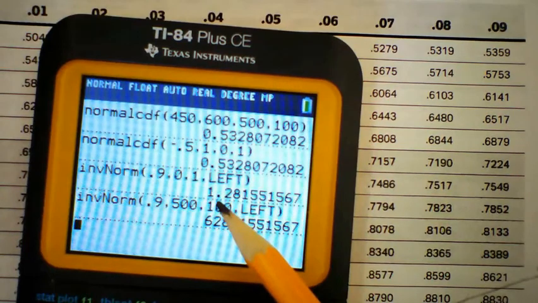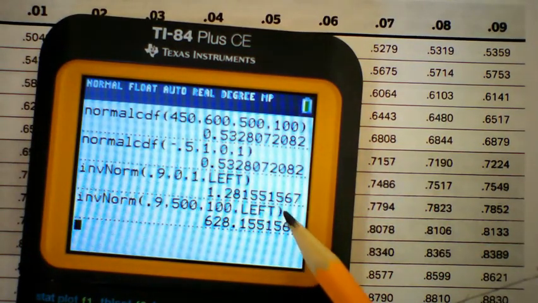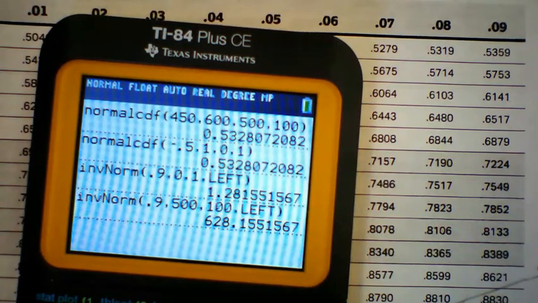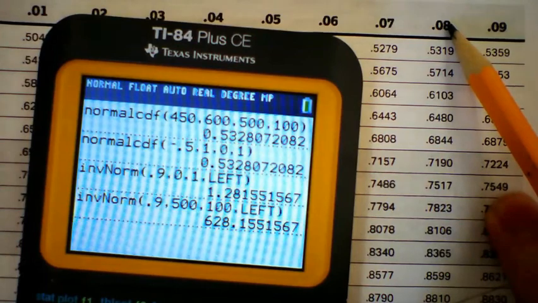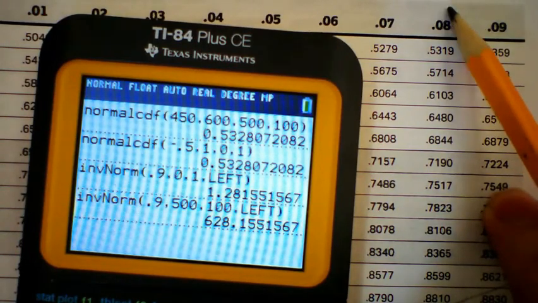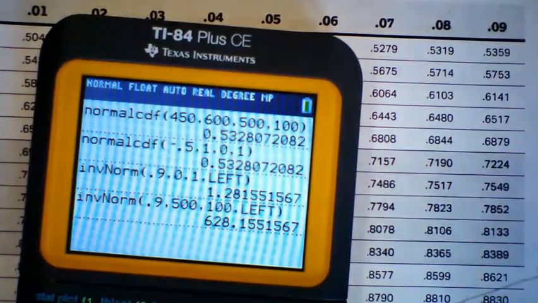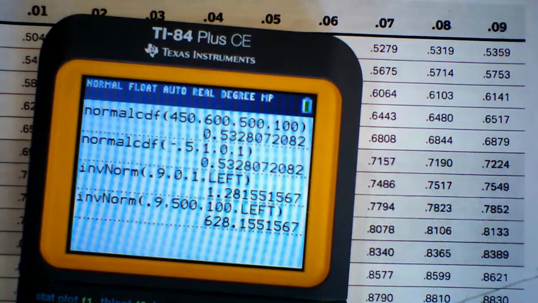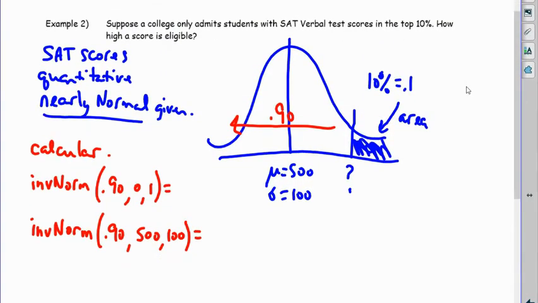Oh, look at that. 1.28155, blah, blah, blah. So they would have thought that you would have done this and gotten the 1.28, and then you would have had to use a little bit of algebra to get that. So let me show you how they would have done that. And in the homework, there are some problems like this. You can really highly expect to see a multiple choice that would have done that.